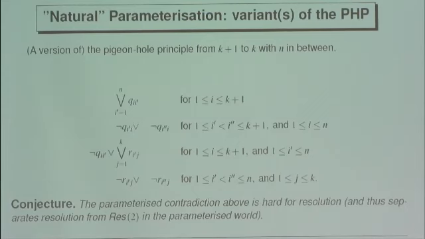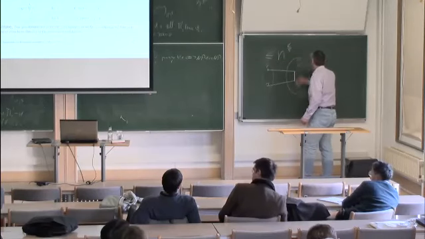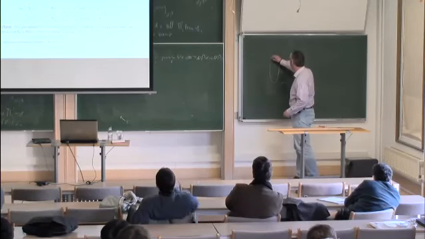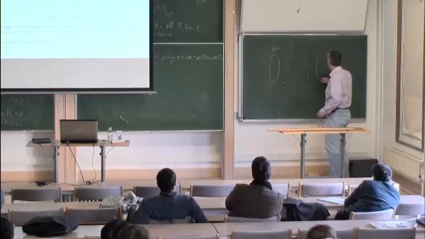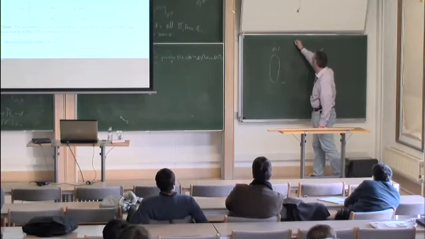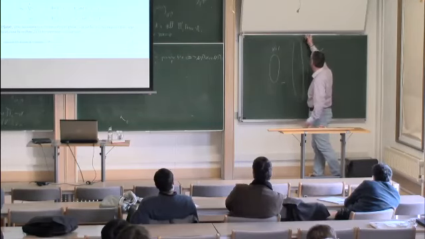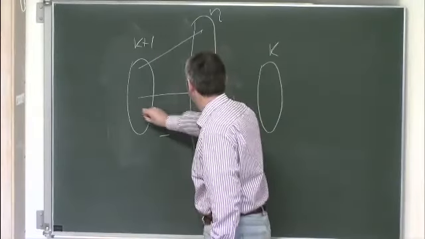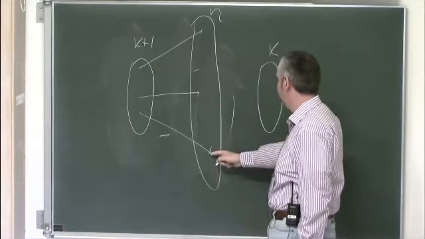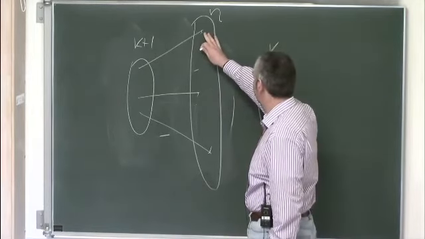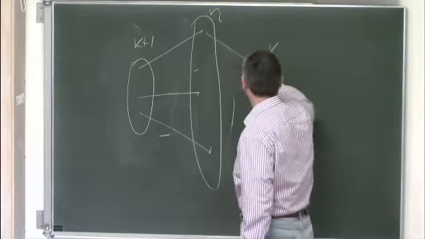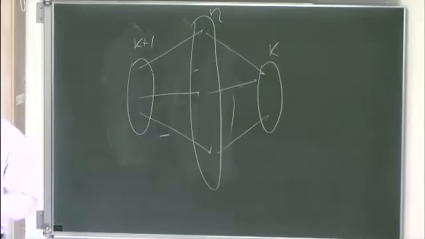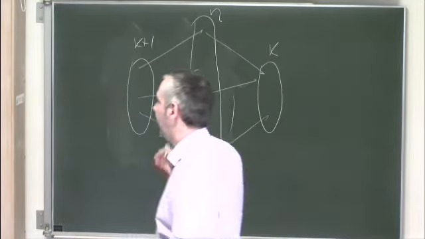So if you think about it, it's a pigeonhole principle from k plus 1 to k, but I put in the middle some big, huge set of size n. I map surjectively into the middle, and then everything which is an image of someone here, I map surjectively into k. So if you compose these two maps, you get the pigeonhole principle from k plus 1 to k.